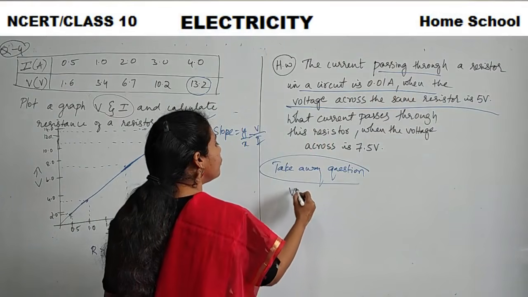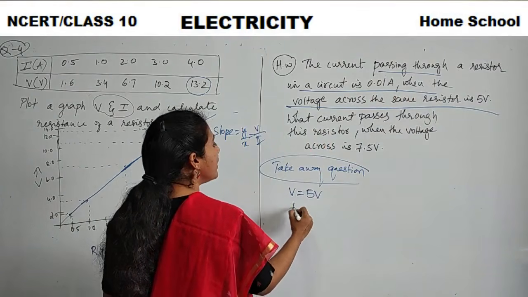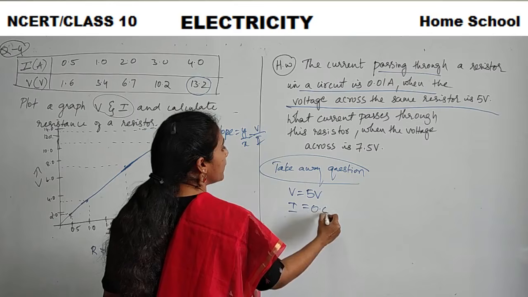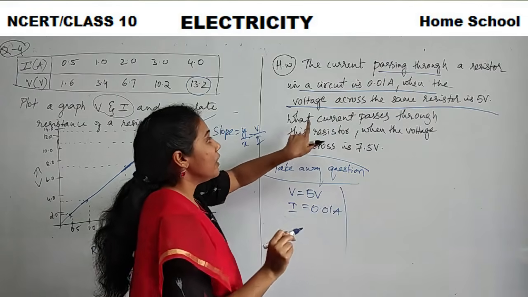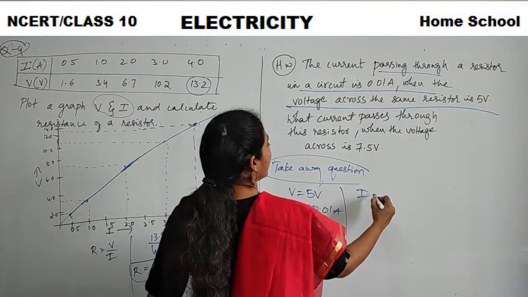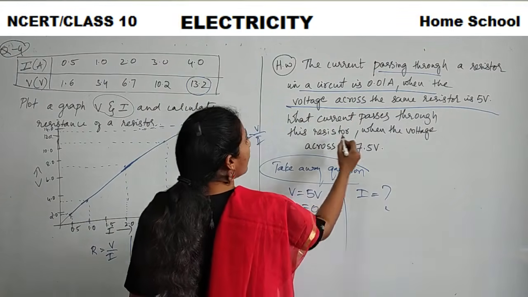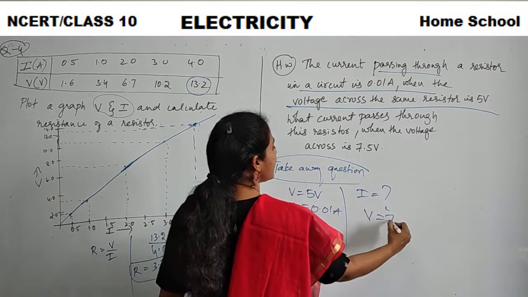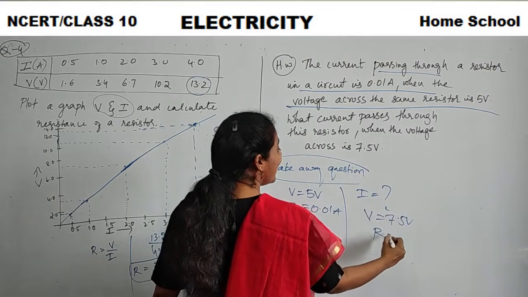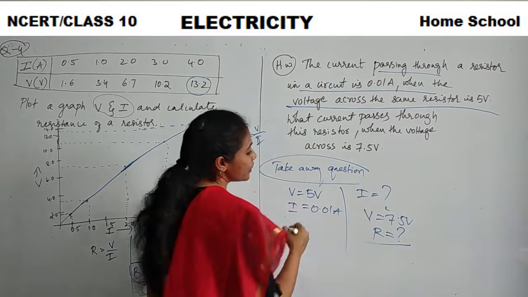That means when voltage is 5 volts, the current passed was 0.01 amperes. This was the given information. But see the question, what current passes? Current is what they are asking. When the voltage is 7.5 volts. And here R is also a question mark.